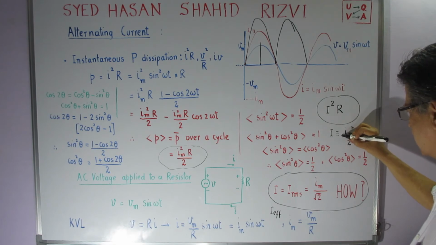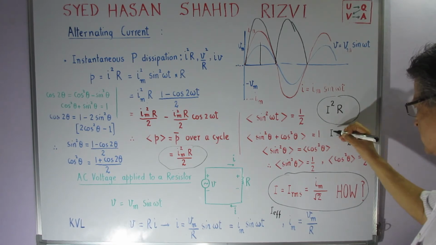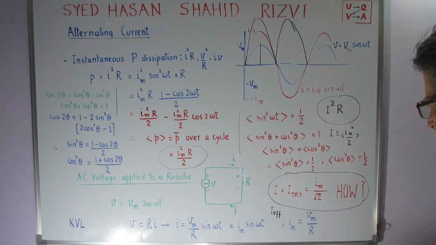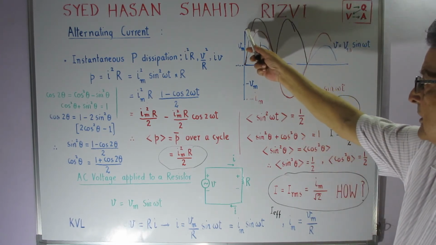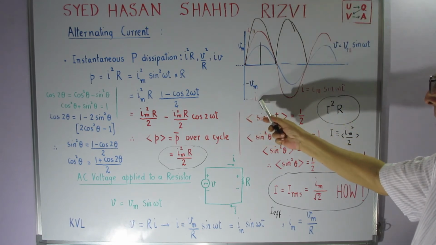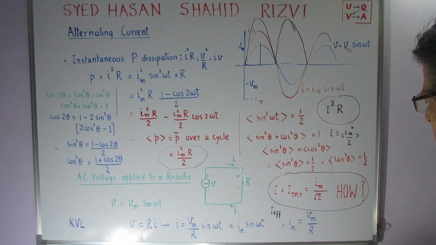The average value here will be I because this is DC. This is the maximum value, Im, I have shown over here, minus Im I have shown over here. So I is equal to IRMS.